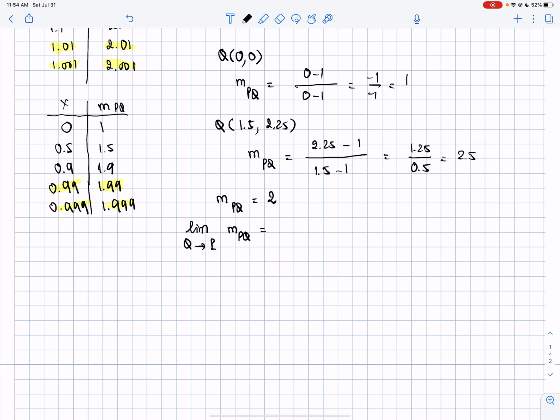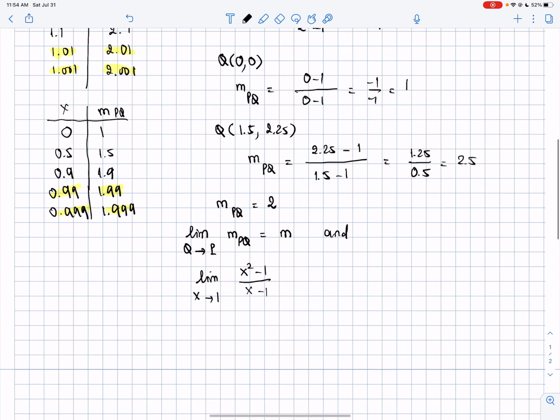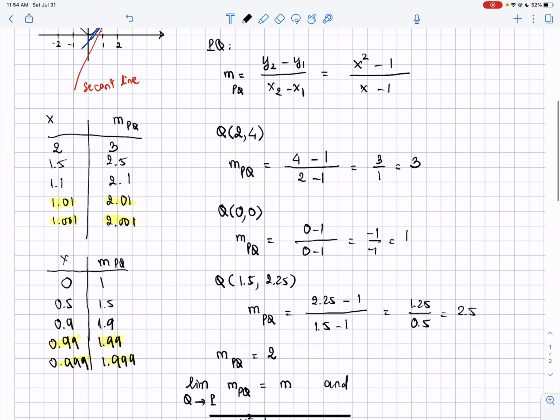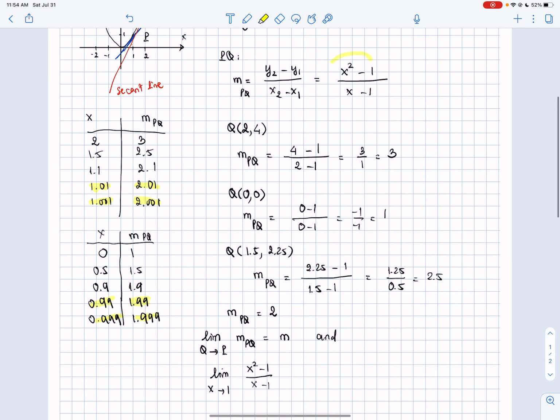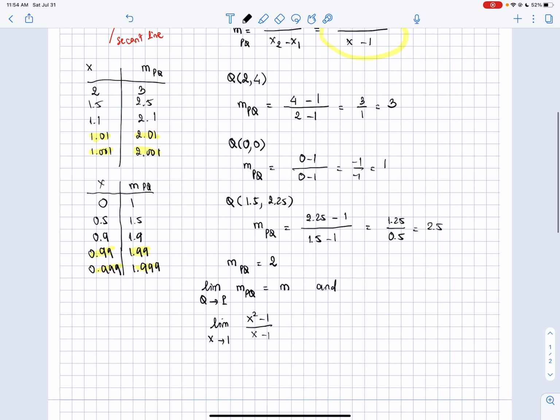To be more clear, we say that the limit as x, the x value of the point Q, approaches 1, the x value of the point P, of the slope. The slope in general is x squared minus 1 divided by x minus 1, right here, and it is equal to 2.